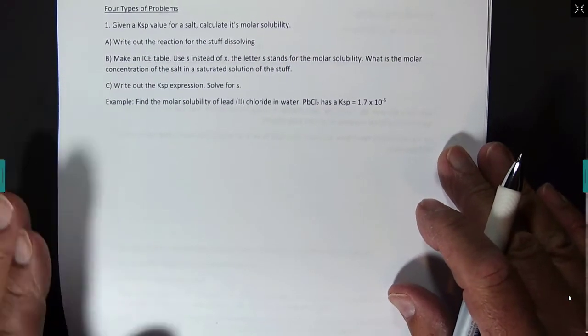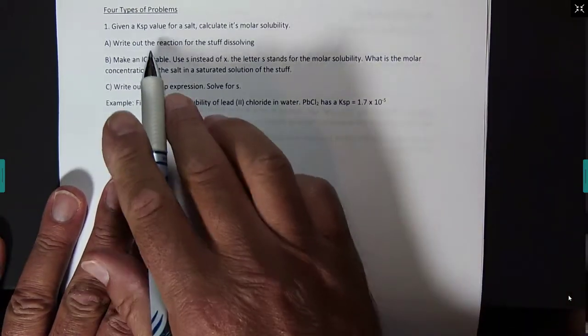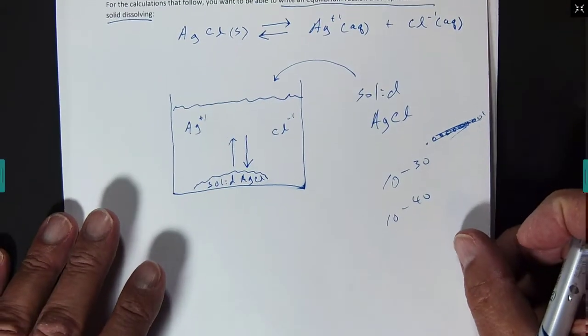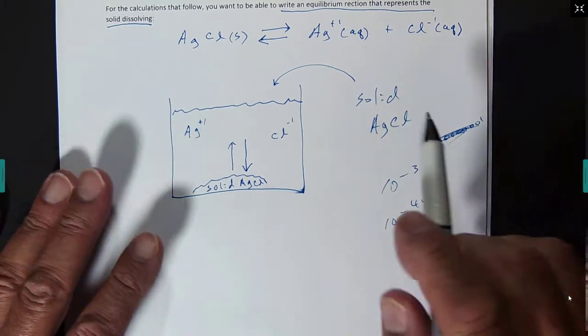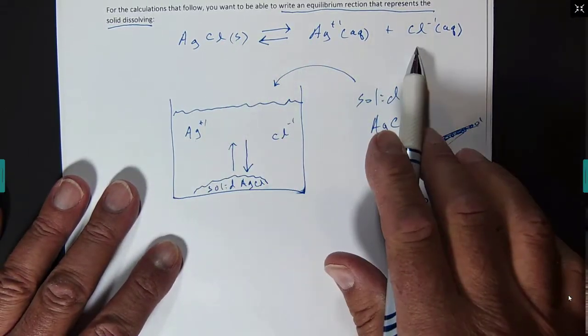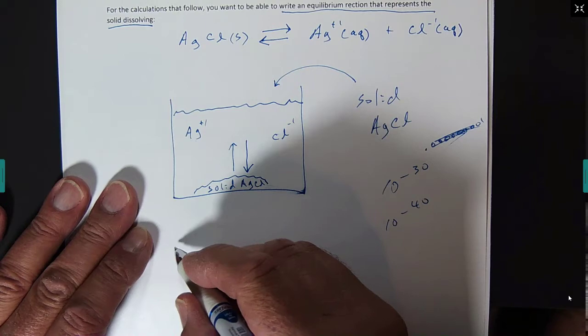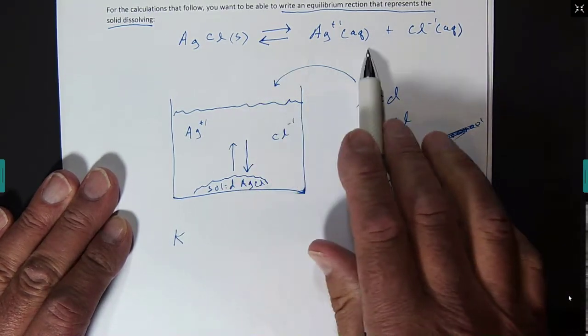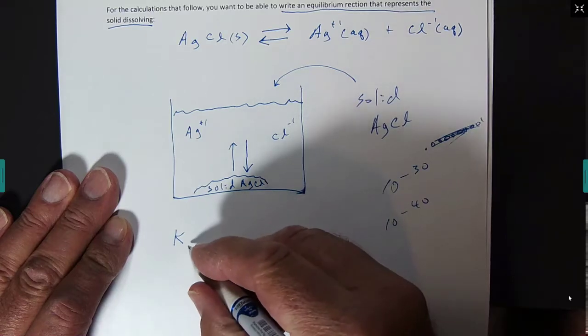The first one is you're given a Ksp value for a salt. Calculate its molar solubility. We haven't said what Ksp is yet, have we? Okay, this is an equilibrium reaction. You can write an equilibrium expression, K. For these types of processes, stuff dissolving, we call it Ksp.